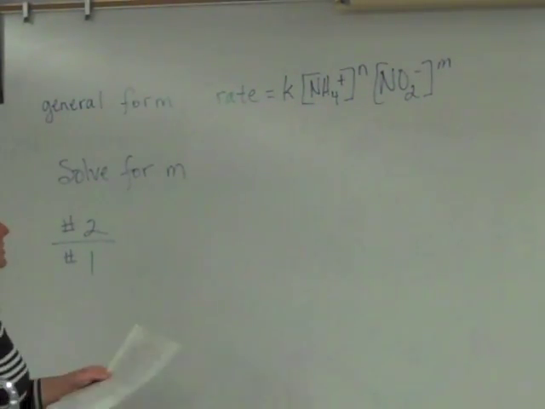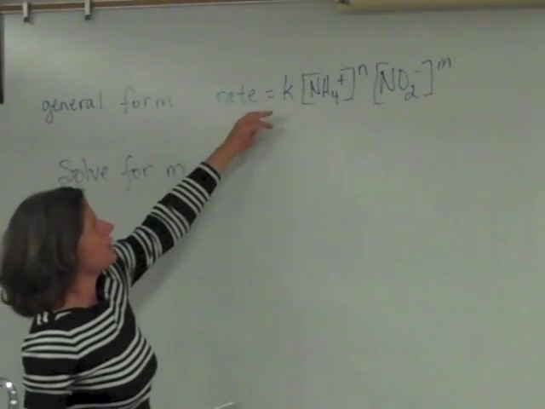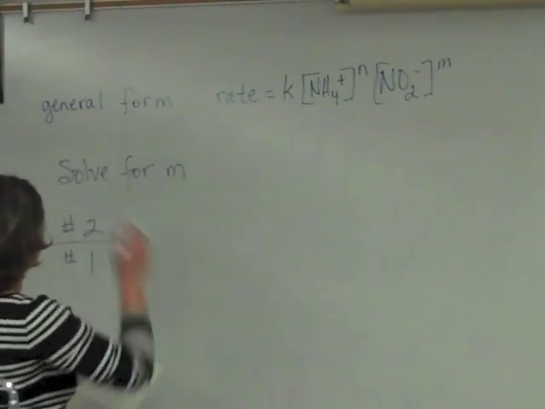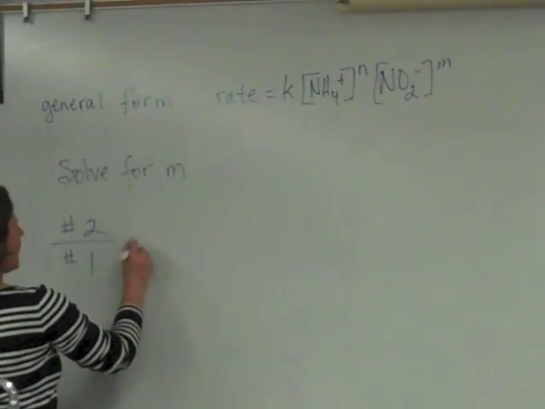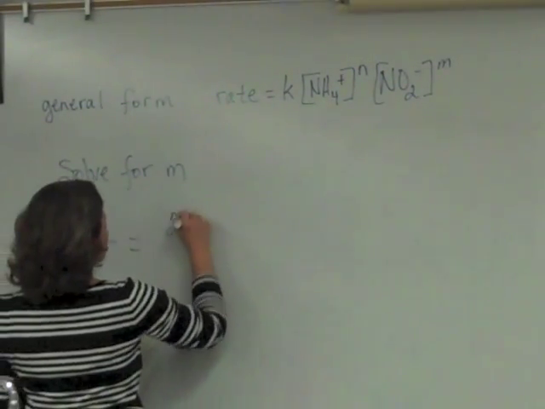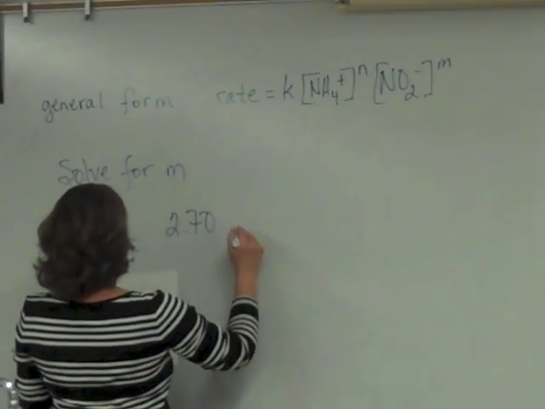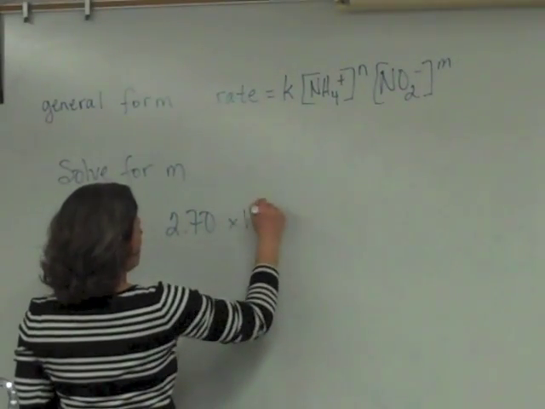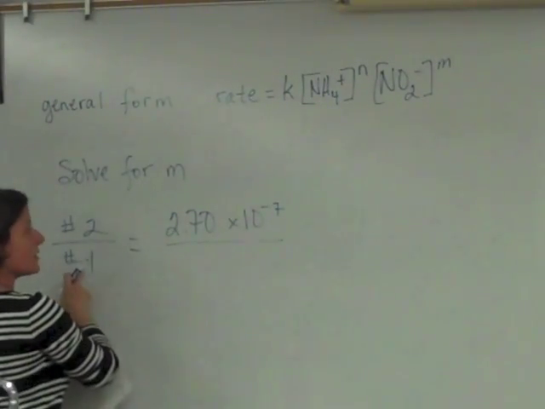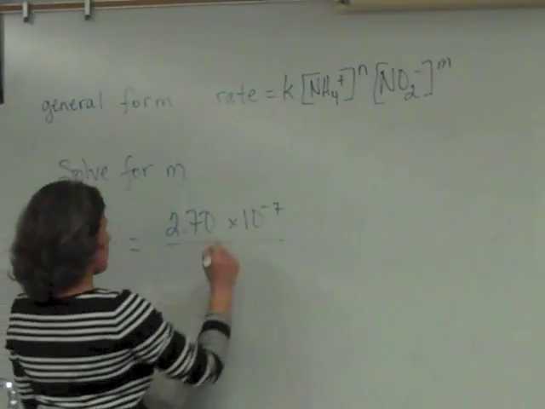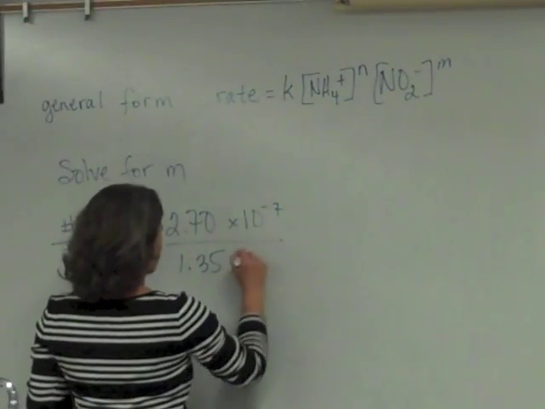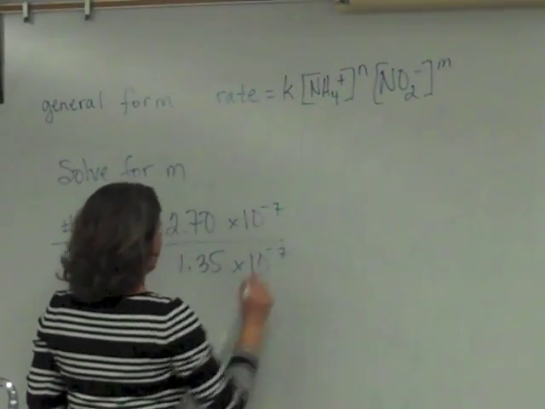Then we're just going to fill in with the rate law. The rate of experiment number 2 was 2.70 times 10 to the minus 7th, and the rate for experiment 1 is 1.35 times 10 to the minus 7th.